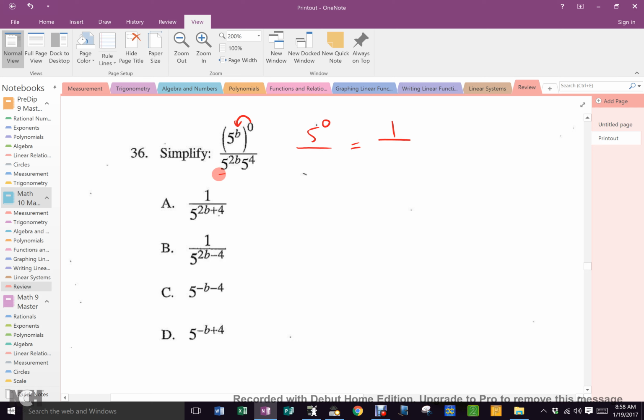Now look down here. What is that? Are they the same base? So what would you do with the exponents? Add them. So isn't this 5? Now add the exponents. Wait a minute, I can't add 2b and 4 because they're not like terms. So it's 2b plus 4. No, there it is. It's almost like exponent laws are laws and they can't be broken. Because they're laws.